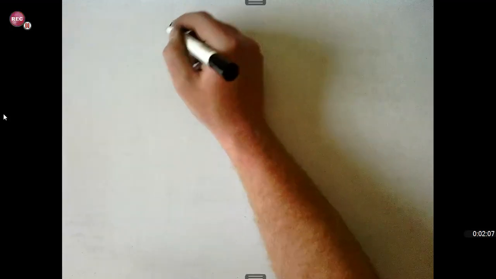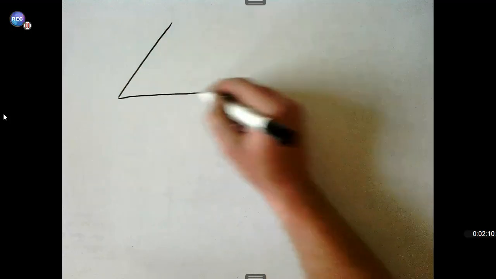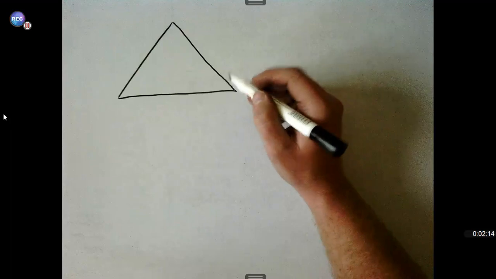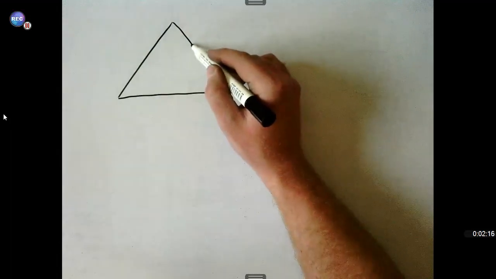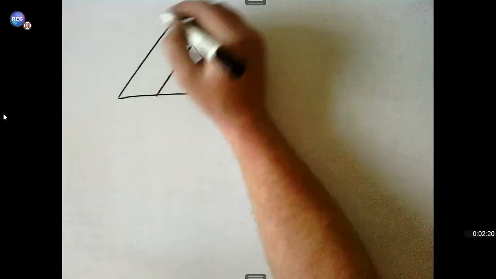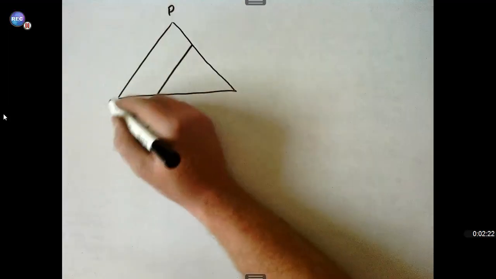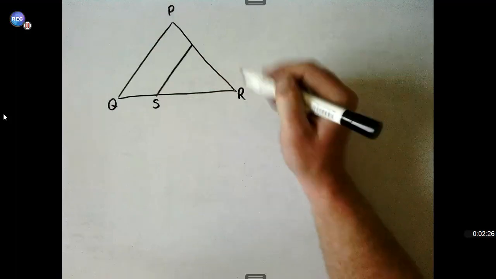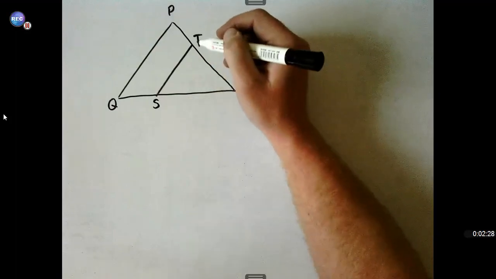Looking at our first shape, we've got a triangle that runs all the way down, across, and then we've got a line that runs through there, and the triangle is triangle PQR, and then we've got S and then we've got T over here.